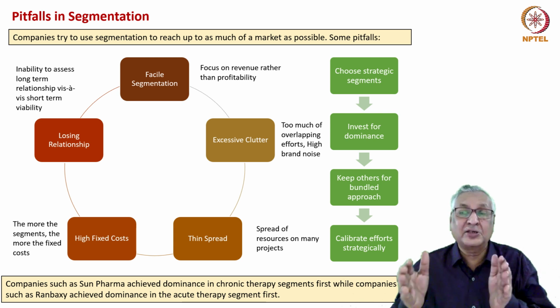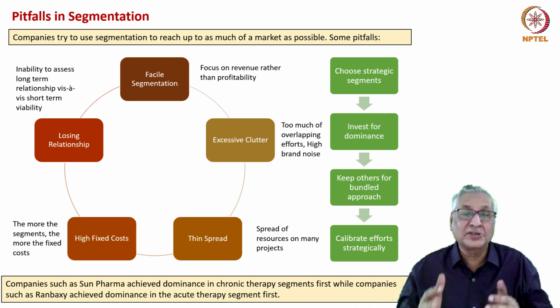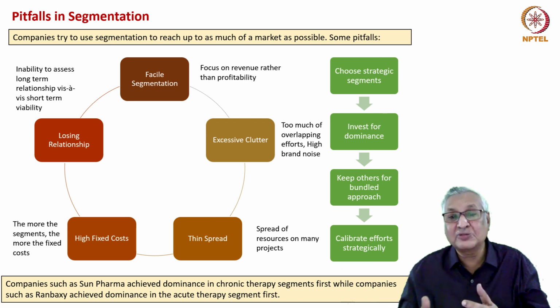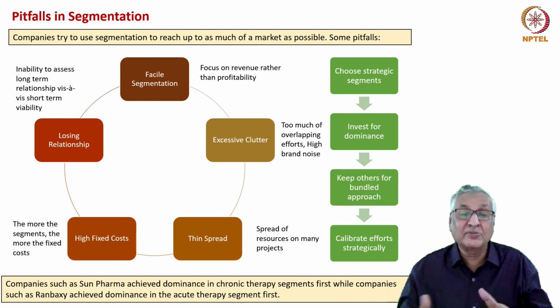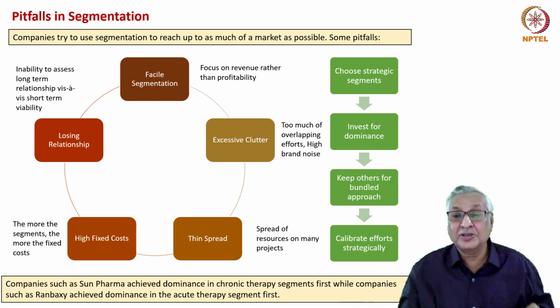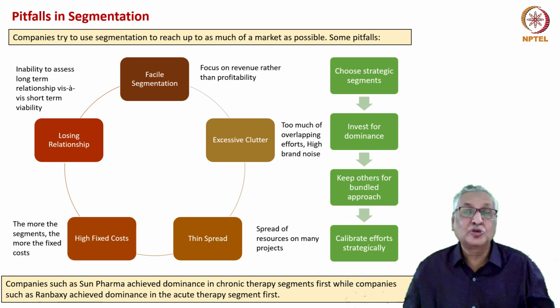So the idea is that you slice the market into several segments and keep watching them through an area manager or a regional sales manager, then you probably would get more revenue. But it's not always necessarily so, because there are other factors of economics, logistics, and distribution which we have discussed earlier.